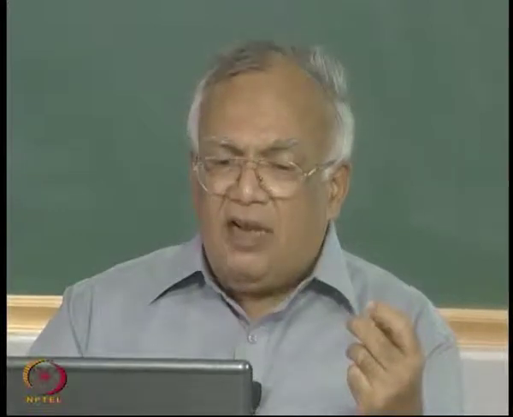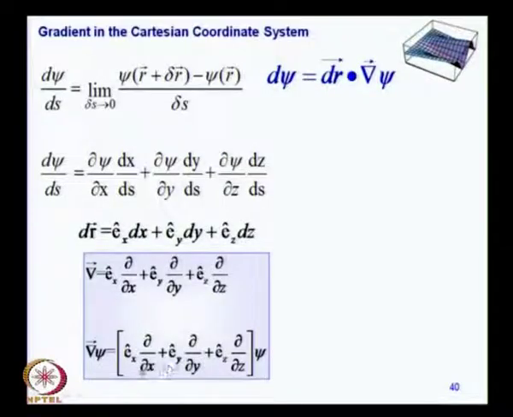This identity of the gradient did not come from any process which required us to learn by heart what the gradient is in the Cartesian coordinate system. It automatically popped out from our recognition of d psi as dr dot del psi, and dr has an obvious expression in the Cartesian coordinate system, which is this.